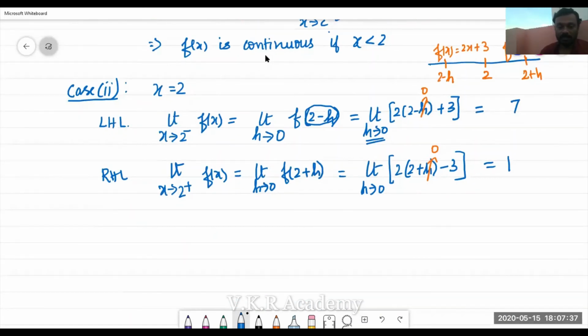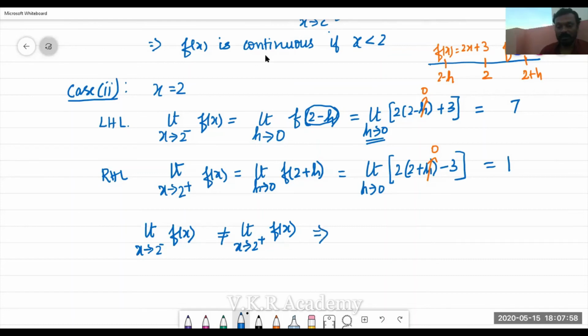So at x is equal to 2, we see limit x tends to 2 minus f of x, that is the left hand limit at 2 of f of x, is not equal to the right hand limit at 2 of f of x.